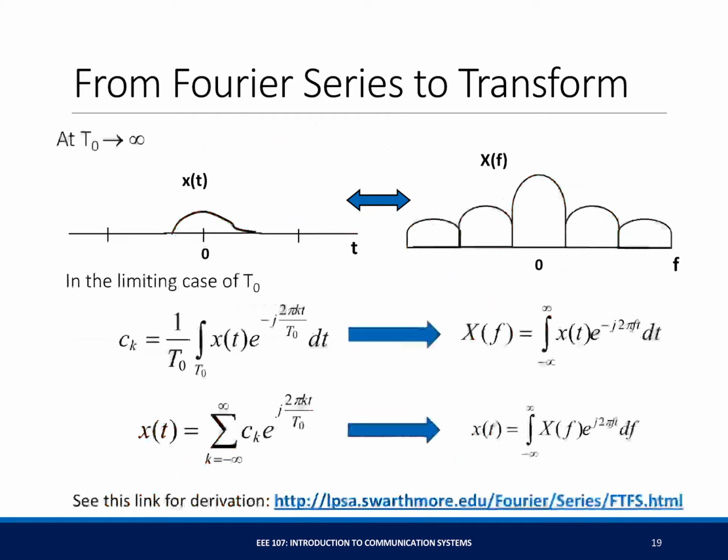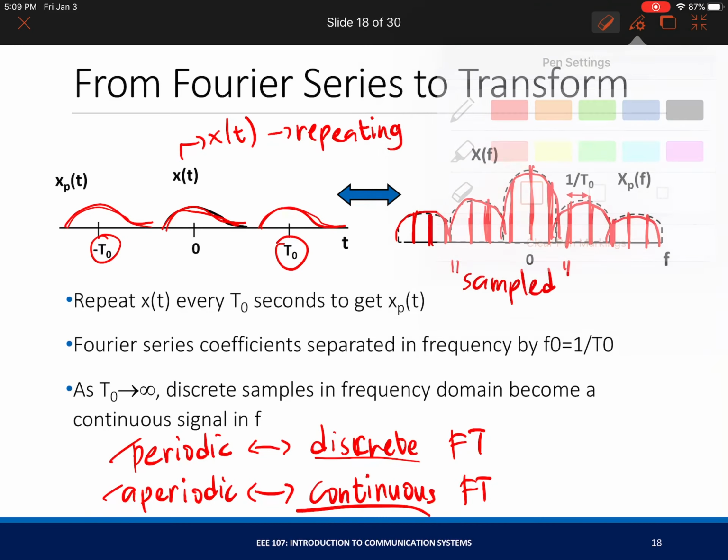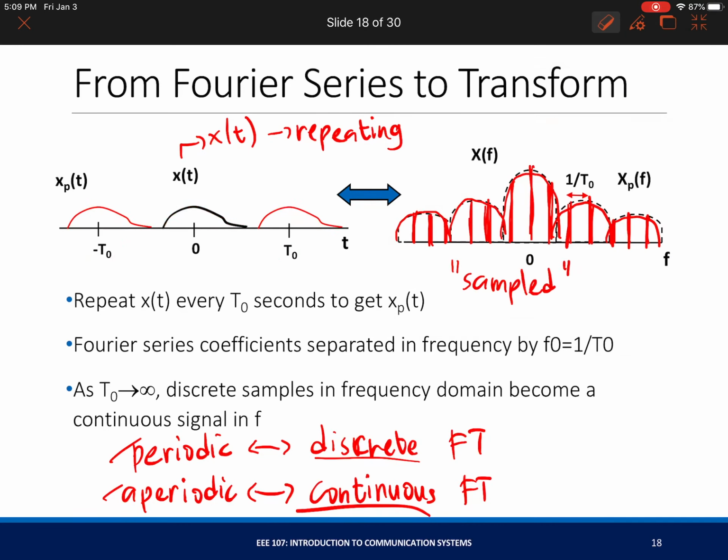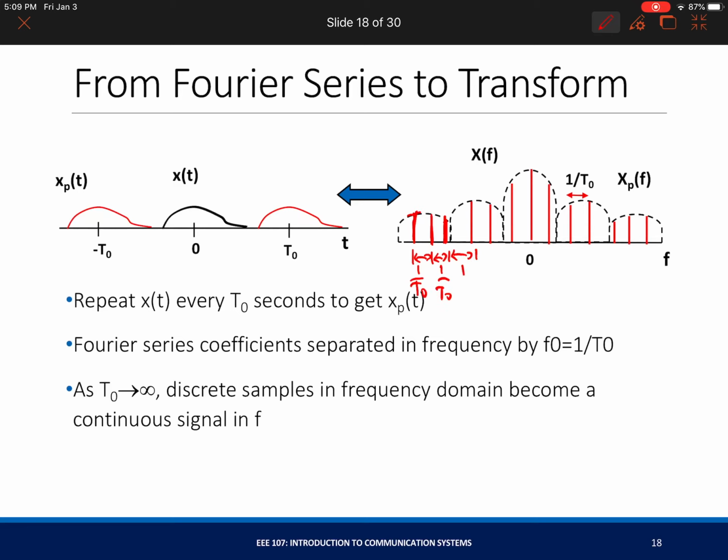Now if we let T naught approach infinity, when we have a period T naught, then the space between your discrete functions is related to 1 over T naught.